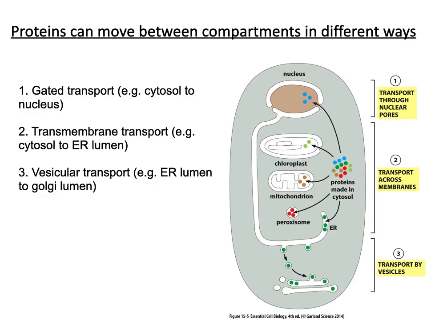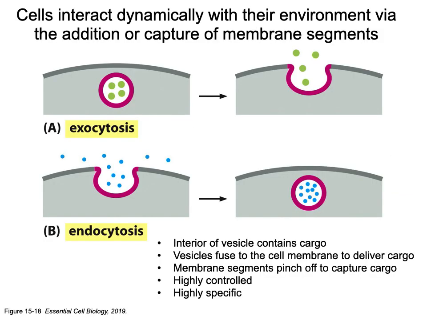As I just mentioned, we have these 3 different ways, and this audio lecture focuses on our third, where we're using vesicles to transport. With vesicle formation, we can have 2 different transport mechanisms. We can have exocytosis.